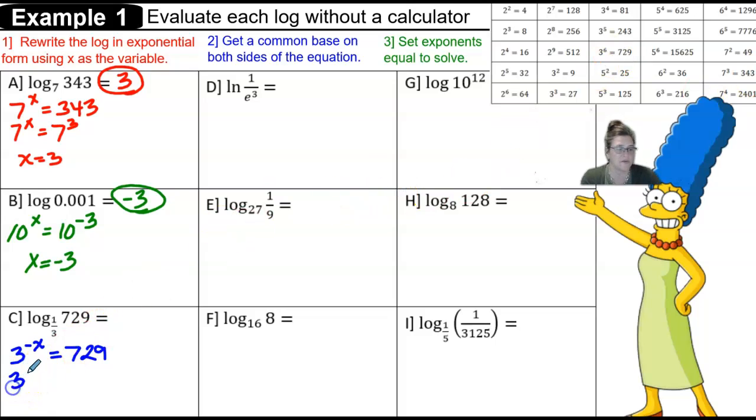So 3 to the negative x equals 3 to the 6th. Then we'll set our exponents equal, and negative x is equal to 6. When we divide both sides by negative 1, x equals negative 6.